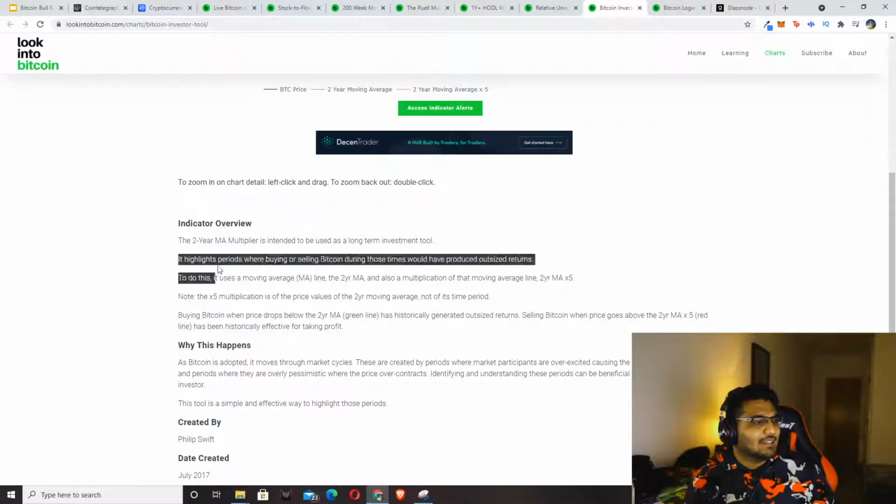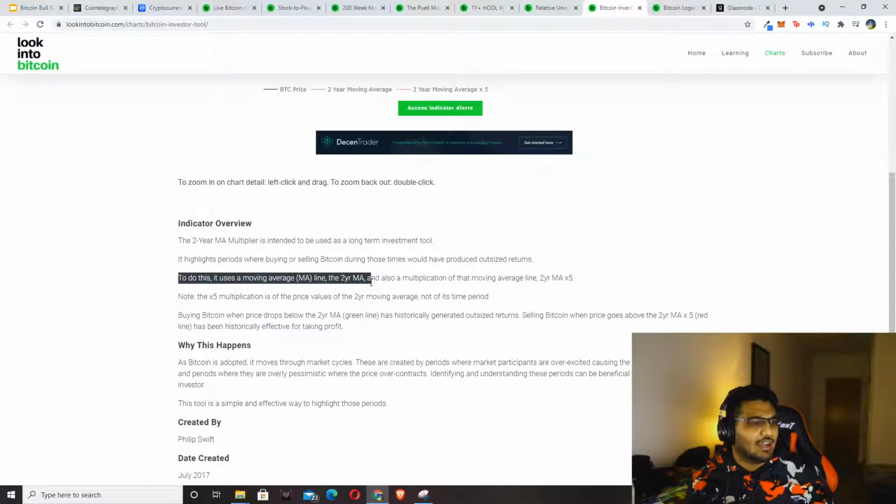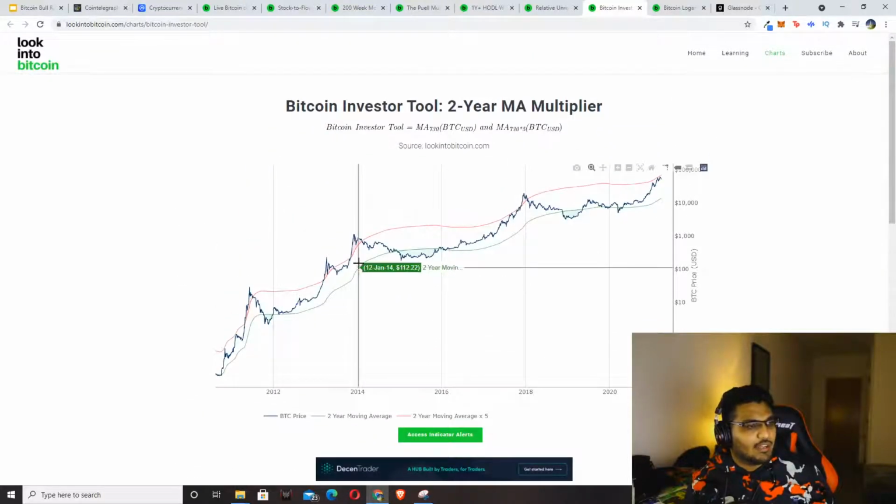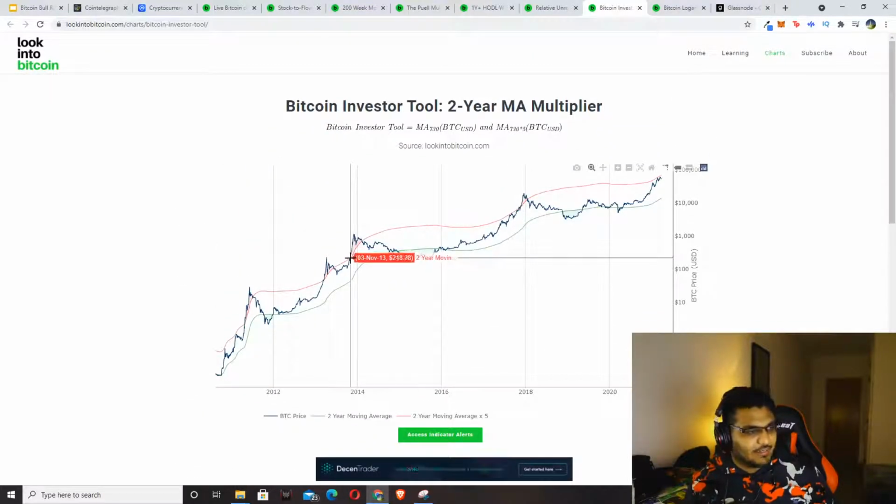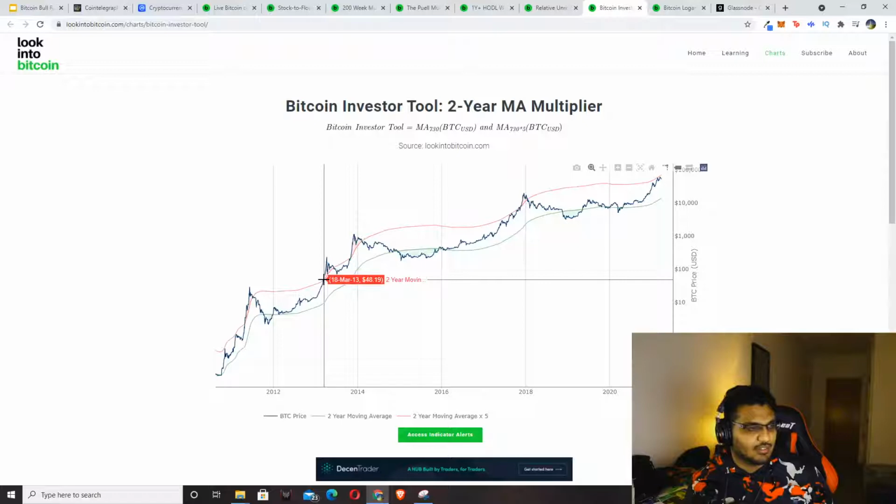It highlights periods where buying and selling Bitcoin during those times would have produced outsized returns. To do this, it uses a moving average line, the 2-year MA, and also a multiplication, which is the 2-year MA x5. So all you had to know is if you had sold here, which is 218, you could have bought back here at 217, and this has been a really conservative person, right?